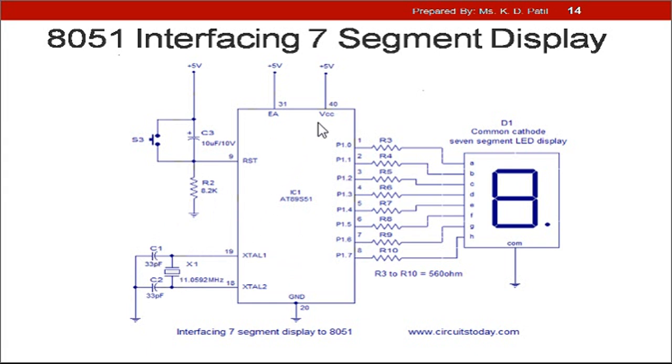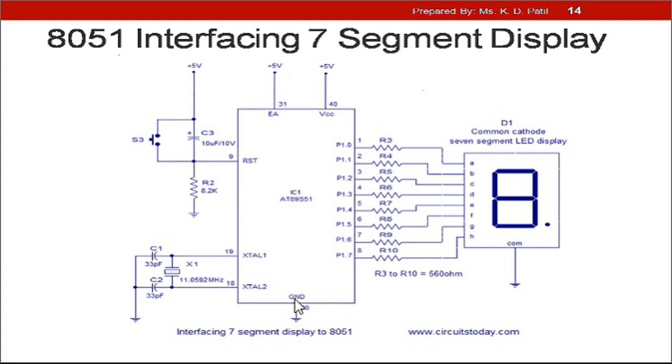In that diagram, ground and VCC were not connected, but you have to connect ground and VCC in that diagram also, in LED interfacing also. Now this external access pin, if it is 0, then external memory is accessed by the 8051 microcontroller, but here we are not going to access any external memory, so this will be connected to the VCC.